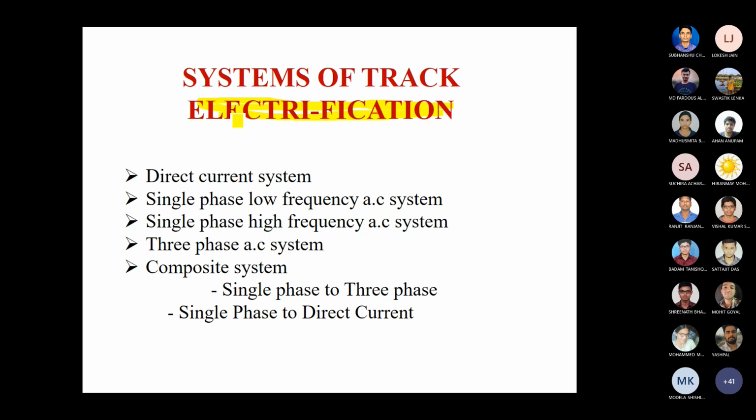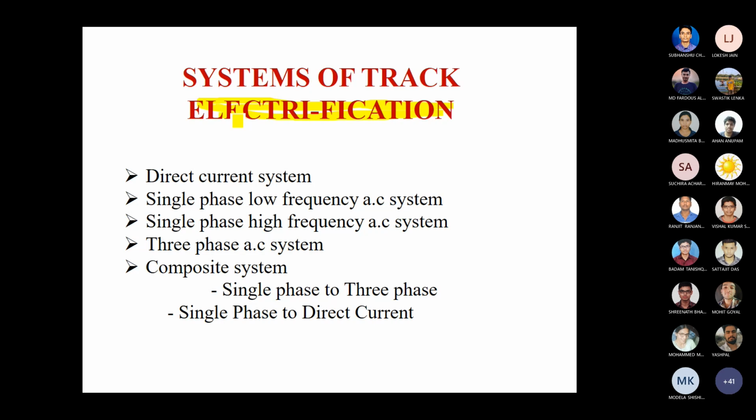The switches used in those chargers have a different, very high switching frequency, and conversions from AC to DC or DC to AC are required. So based on that, different frequencies are used. Normally we use the 50 hertz system in Indian Railways.